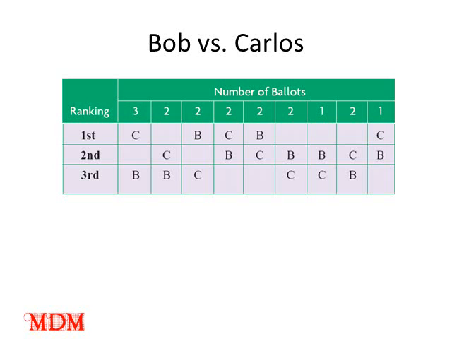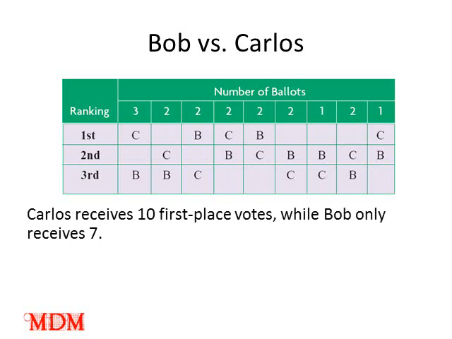Carlos outranks Bob with 3 plus 2 plus 2 plus 2 plus 1, or 10. Carlos receives 10 first place votes while Bob only receives 7.